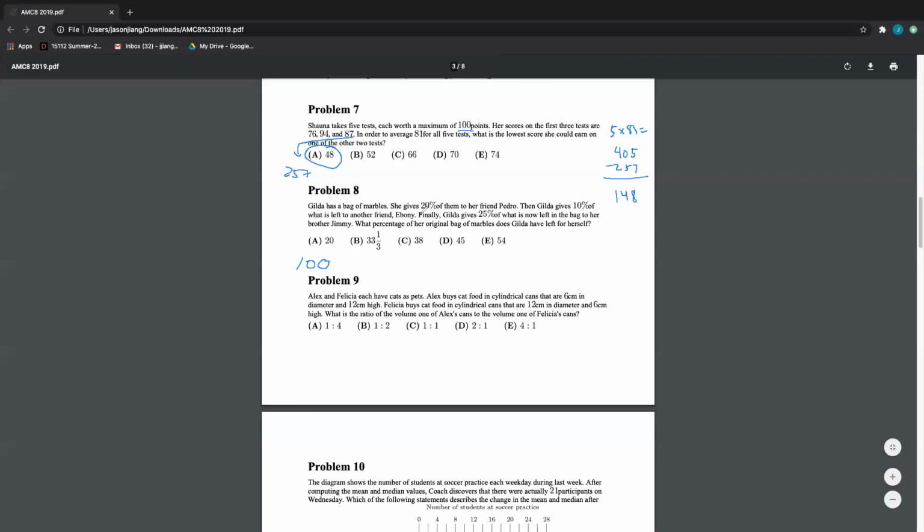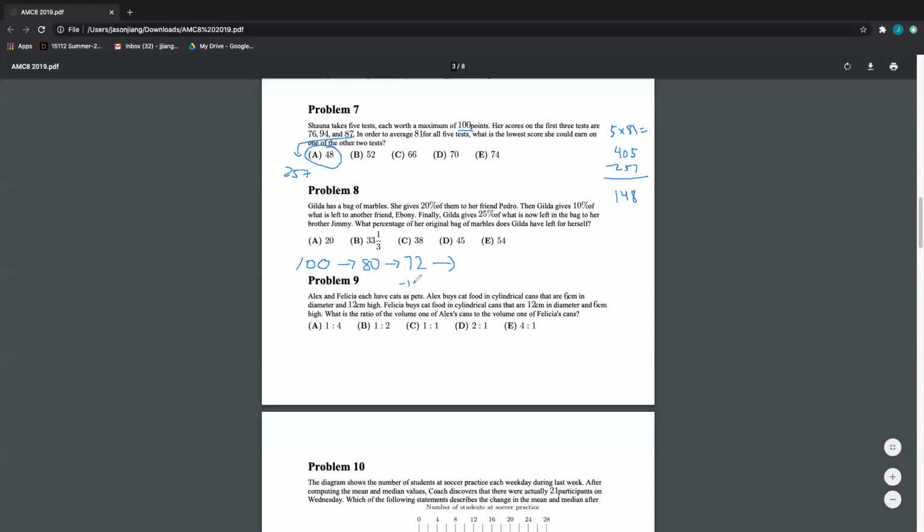So after giving 20% of them away, she's left with 80. Giving 10% away, 10% of 80 is just 80 divided by 10, which is 8. So subtracting 8 leaves her with 72. After giving away 25%, we need to know 25% of 72, that's just a quarter of 72, which is 18.